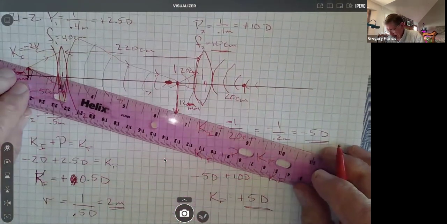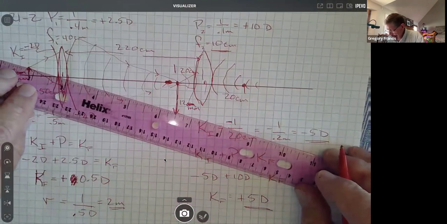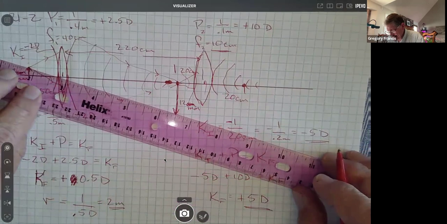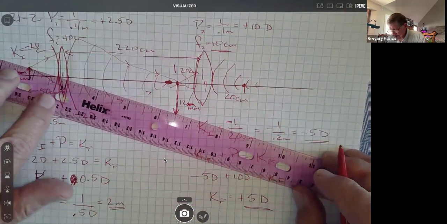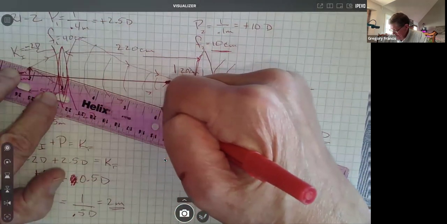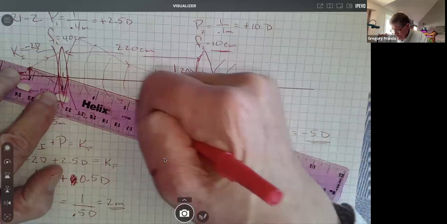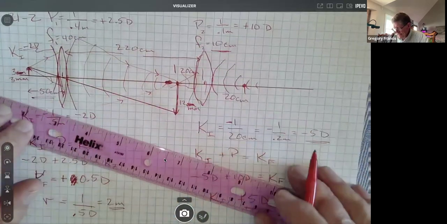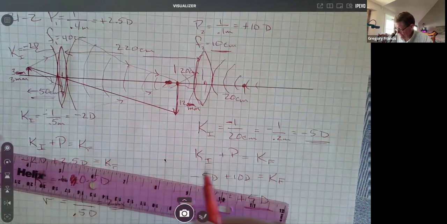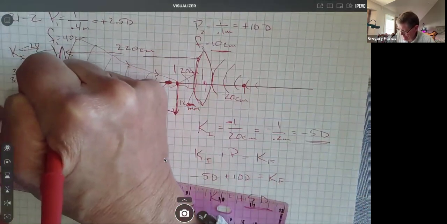If I send a ray through the point that is the symmetry of the lens, the very center of my lens, it does not get bent, okay? And that's because right there, the sides of the lens are pretty parallel to each other. And so what I have formed here is two similar triangles.